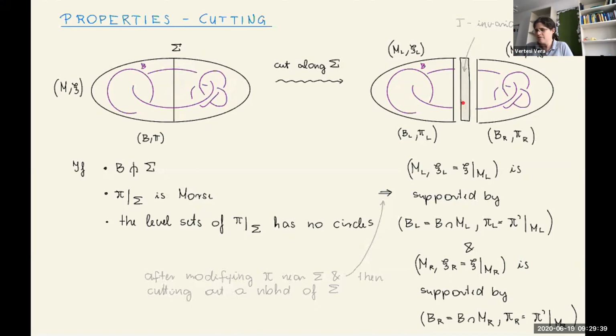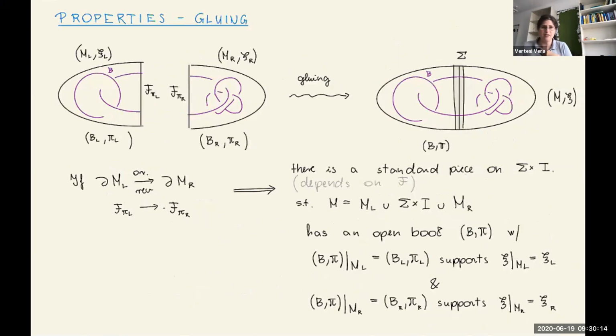Then you can remove an invariant part, invariant with respect to the contact structure, but you change the fibration to have critical points, and then you're getting two contact structures and two foliated open books for these contact structures, which happen to be the restrictions of the original open book. Okay, so that's the cutting, and you can do the whole thing backwards as well.